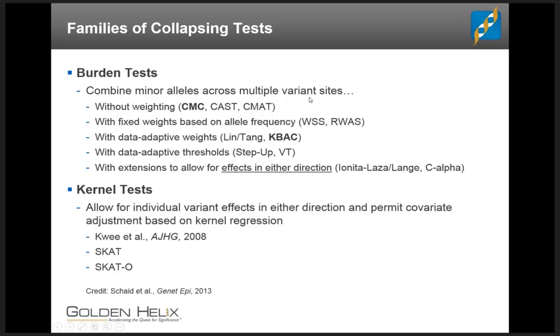From there, we moved ahead a little bit and looked at models that weight variants based on allele frequency, and then got a little smarter and learned how to use weighting schemes that adapted to the data, or thresholds that adapted to the data. Thresholds meaning, what do we define as rare, what do we define as common?